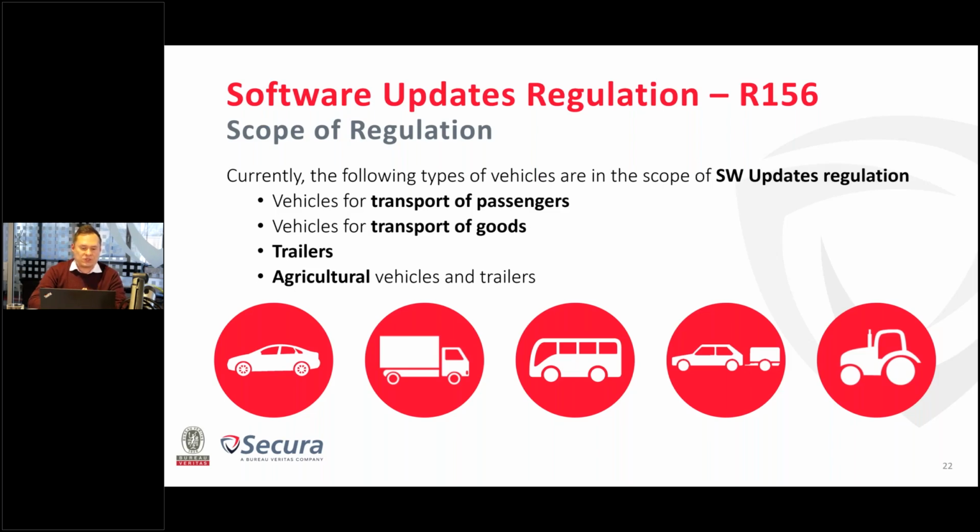The scope of the regulation does cover the three types of categories which are also in the scope of R155, so cars, trucks, buses, and trailers, but also extends the scope to agricultural vehicles and also special purpose vehicles. Therefore, the scope for regulation 156 is slightly larger than the scope which we saw in R155.